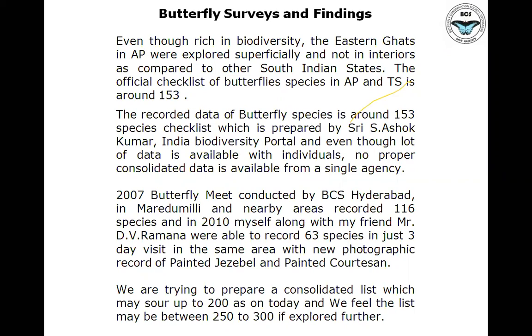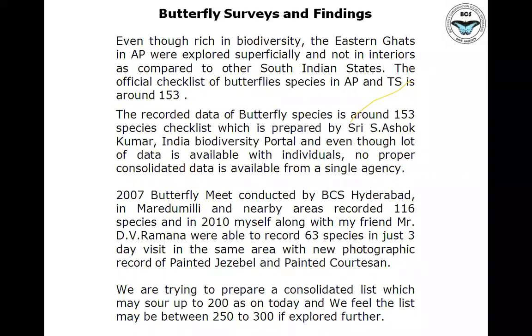For that, we are working on it. In 2003, the Butterfly Conservation Society conducted a butterfly meet, inviting people from all over India. Around 30 people participated in the meet, and nearly 116 species were recorded at that time.